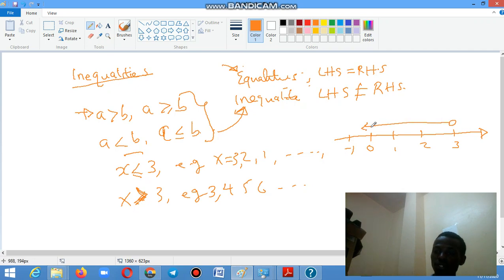So this is the expression for x less than 3. But if it is x less or equal to 3, you just have to shade it, meaning 3 itself is also included. So this is just the difference, and it is very important that you should know this, because it is applied each and everywhere when it comes to inequalities.